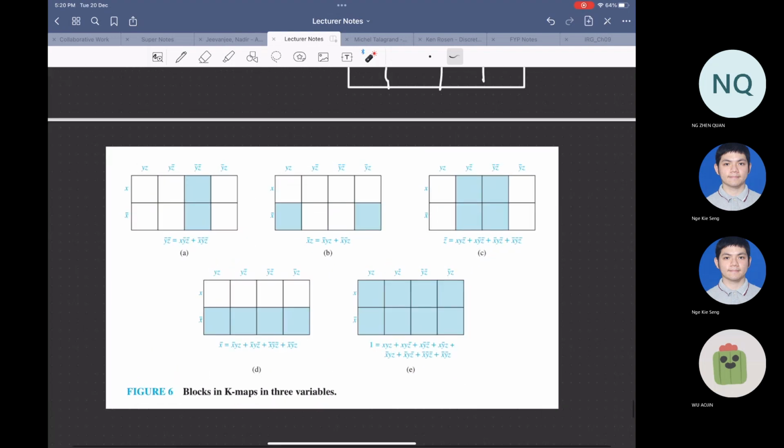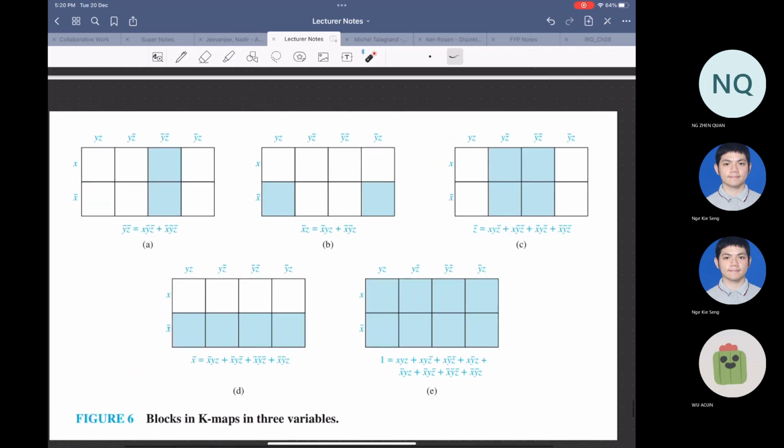Let's look at an example here. I want you to note something special here. You can see that we place x, y bar, z bar here instead of y bar, z here, because we want these two to differ by one literal. If we place y bar z here, then these two will differ by 2 literals. Correct?